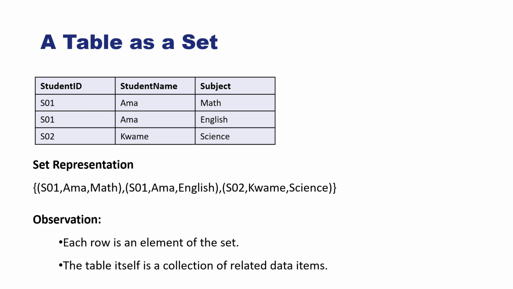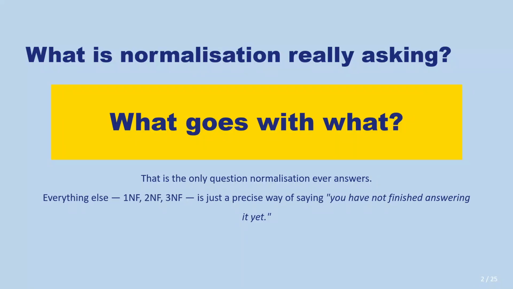So let's paint the picture this way. Normalization is basically asking one question. What is it really asking you to do? Basically it is asking you to group items, and by saying that, say what goes with what. And in grouping the items, you have to ask yourself which data set or which field determines another set.